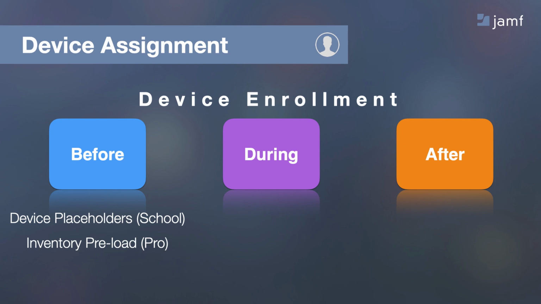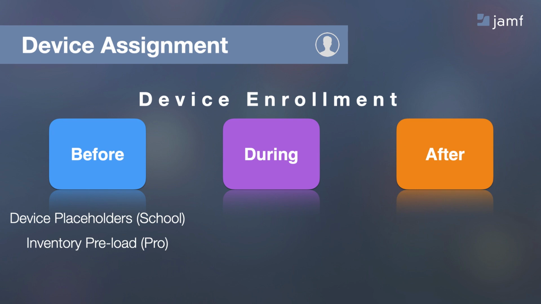From a before standpoint, we've got really an option in each of our products, Jamf School and Jamf Pro: device placeholders in School and inventory preload in Pro. And they both serve a very similar purpose. You can upload a list of serial numbers with static attributes, including username and information associated to each one of those devices.